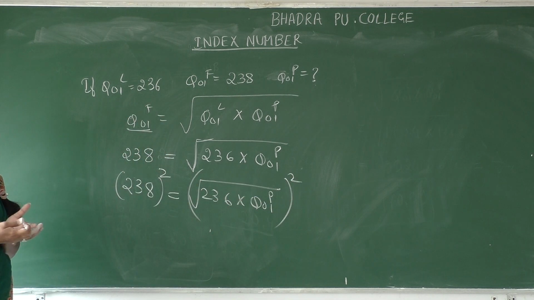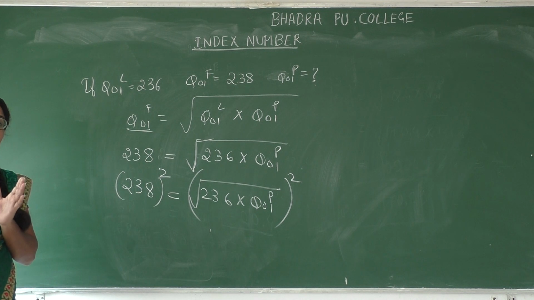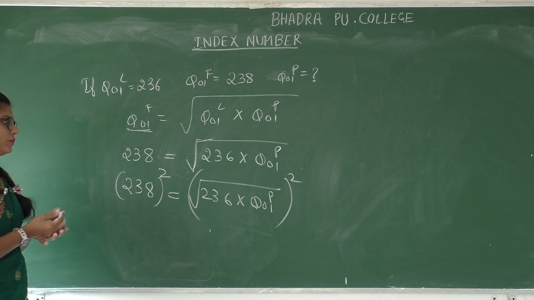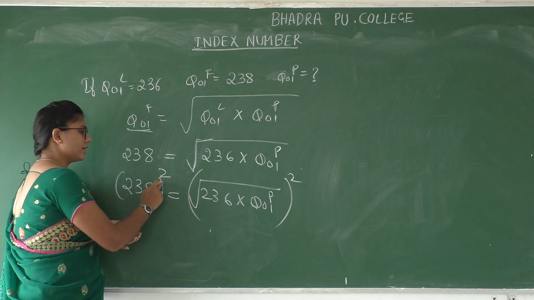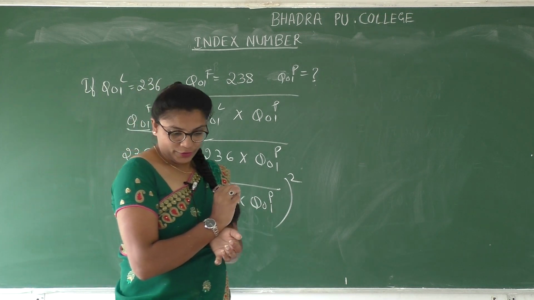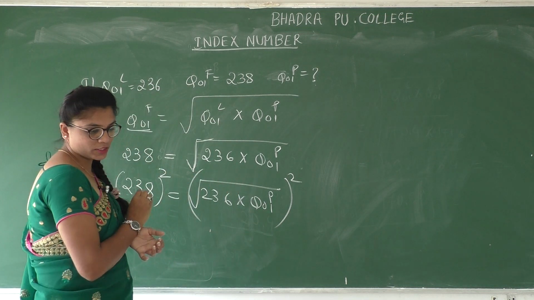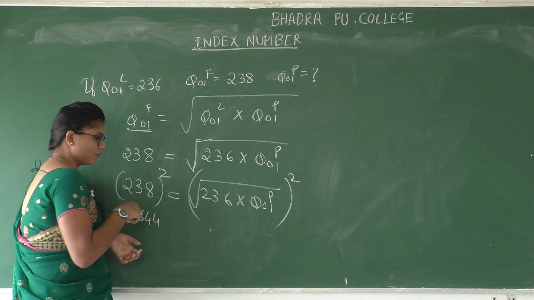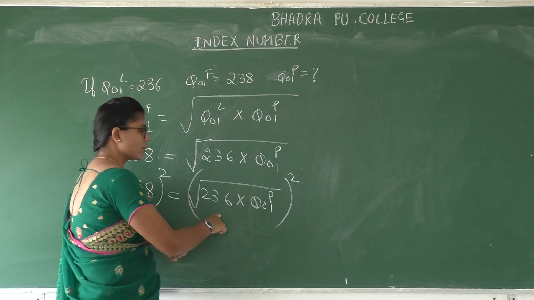To remove the square root, we do square on both sides. So 238 squared is how much? 56,644.